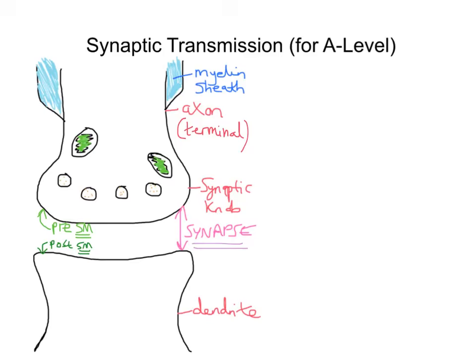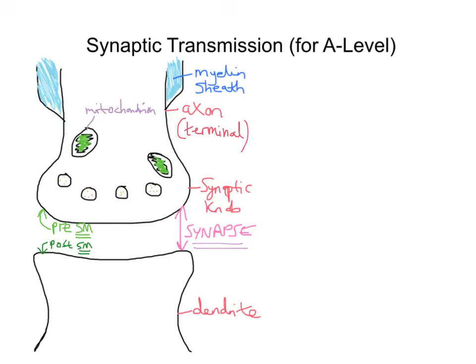But there are two other really key structures that I need to mention. So here at the top we have, and I've not drawn them all clearly, a mitochondrion. Now mitochondria release ATP in aerobic respiration, and we're going to use that ATP to drive some of the processes.